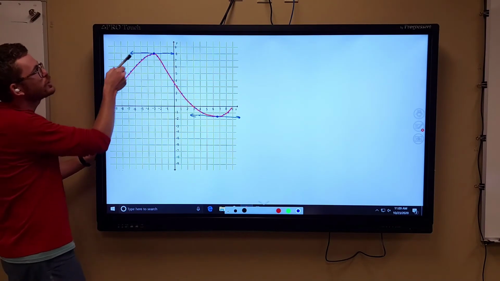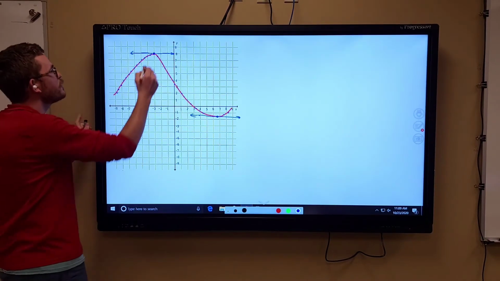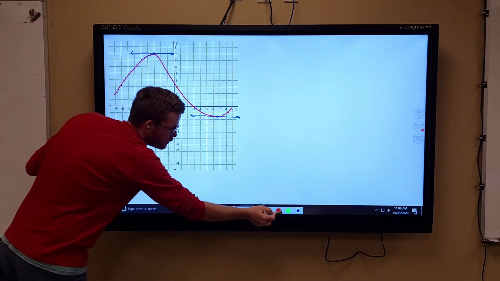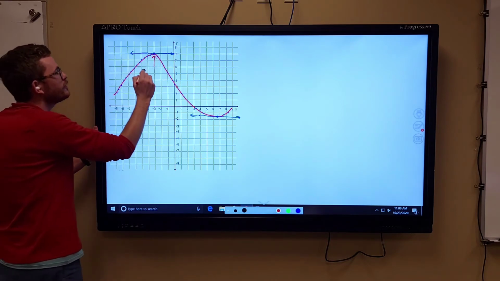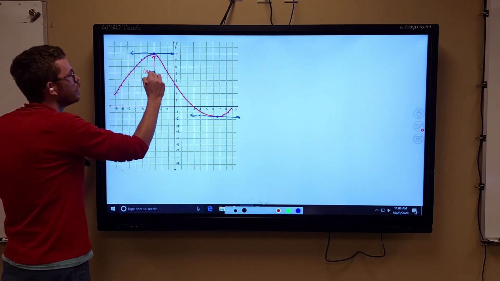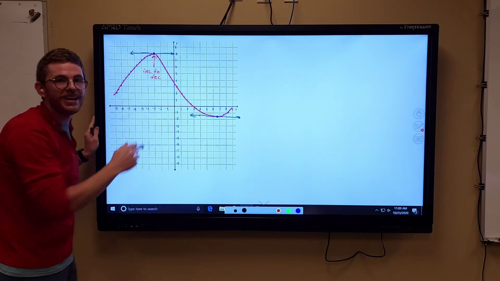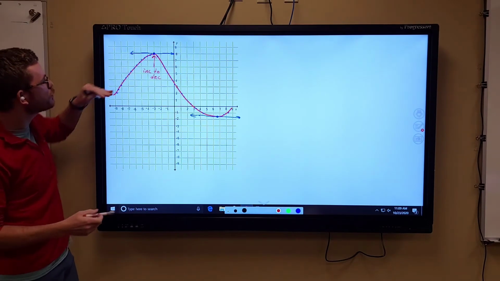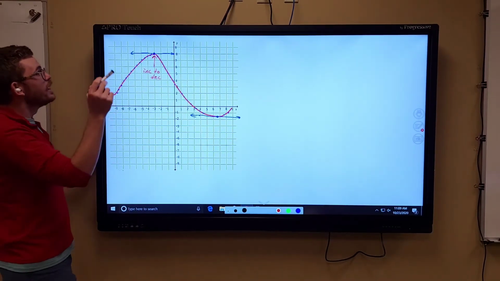Notice that when we changed from increasing to decreasing, at this point right here, where we went from increasing to decreasing, because this point exists, it is a continuous function where we have gone from increasing to decreasing.